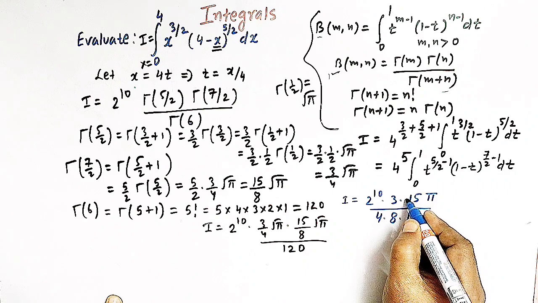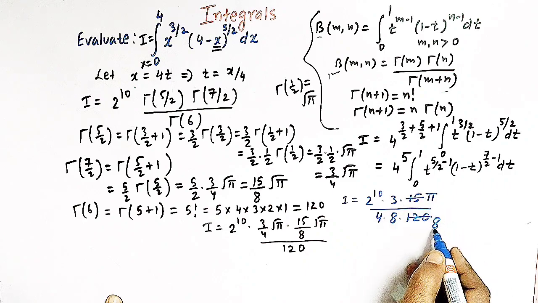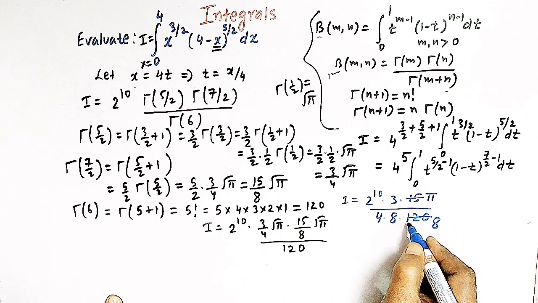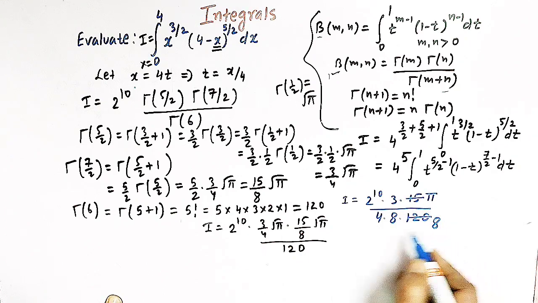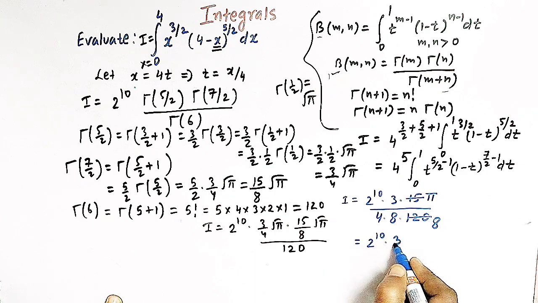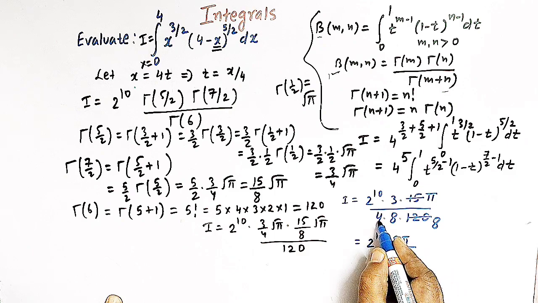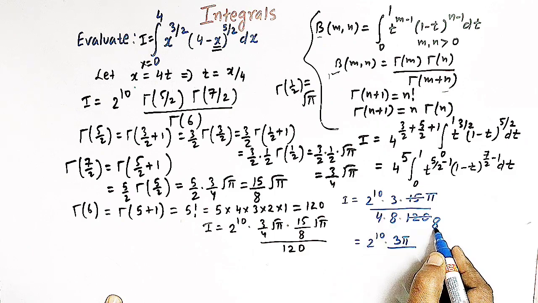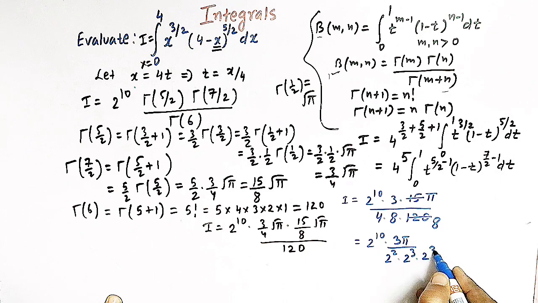So now 15 times 8 is 120, so we can cancel 120 with 15. So we have here 8. So now we have 2 raised to 10 times 3 pi, right? 3 times pi. And here we have 4 times 8 times 8. So 4 can be written as 2 square, then 8 is 2 cube, then 8 is again 2 cube.